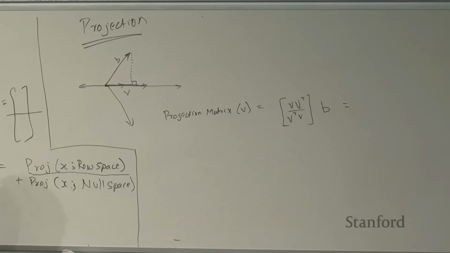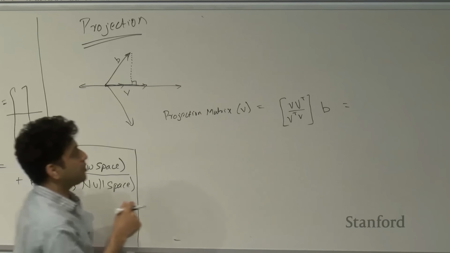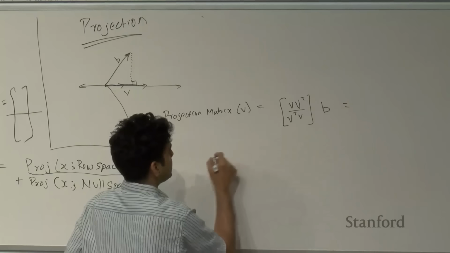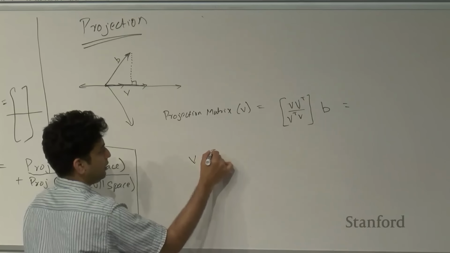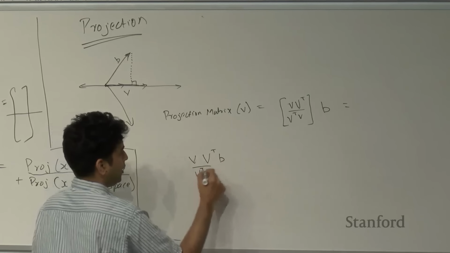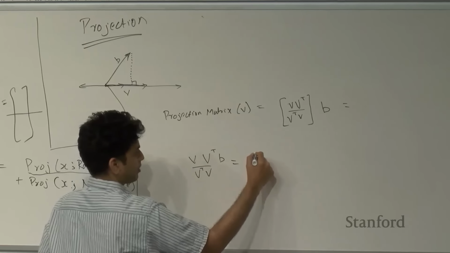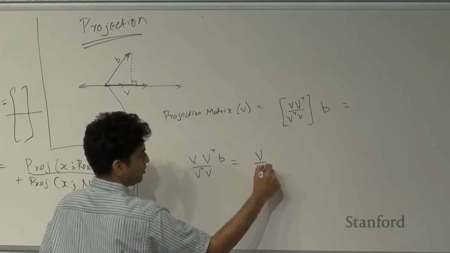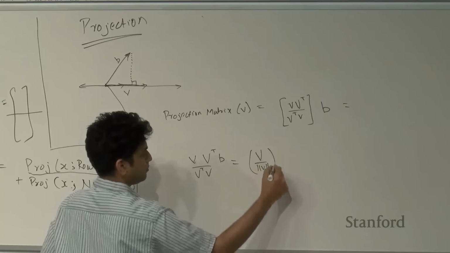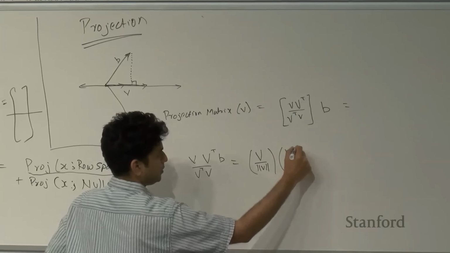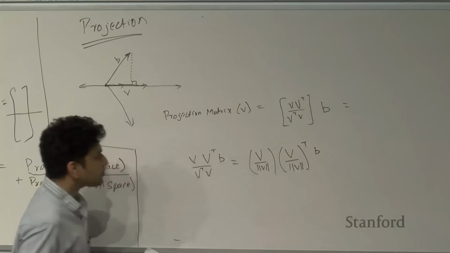Now, why is that the case? That's the case because let's look at what's happening here. I'm going to rewrite this as V transpose B over V transpose V, and this is the same as V over norm of V times V over norm of V transpose B. Right?